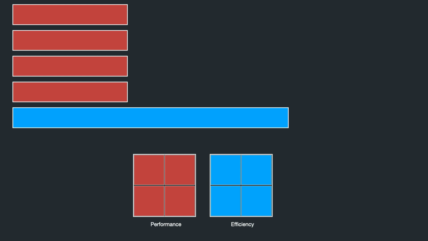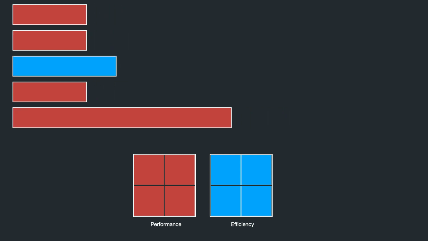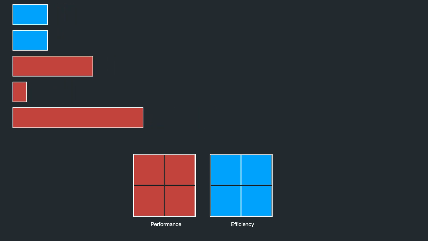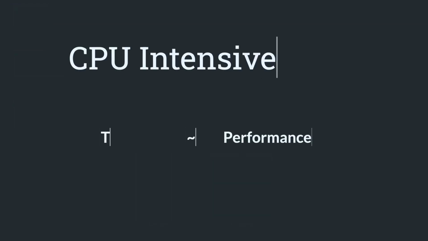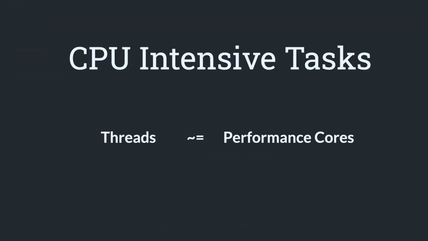As a result, any thread running on these cores takes longer to complete, and with more threads in the mix, there's an increased likelihood of context switching, where the CPU spends more time switching between threads as opposed to actually executing the tasks themselves. So when you want to reduce the latency of a labor-intensive task, the general rule is to match the number of threads with the number of performance cores.